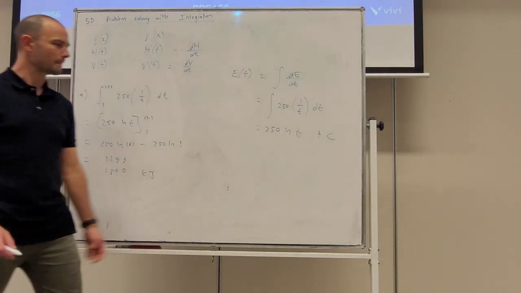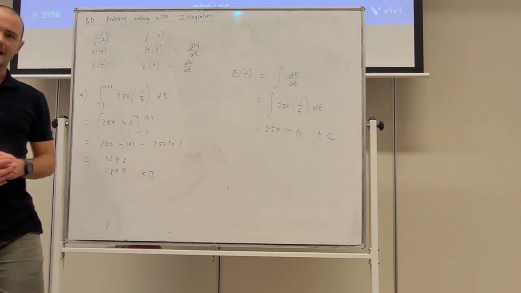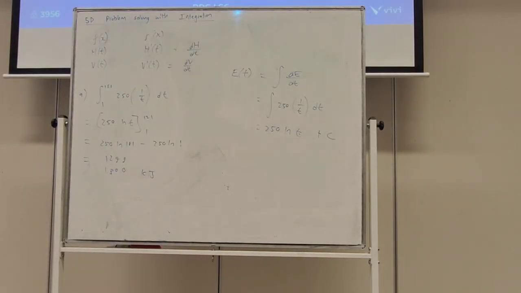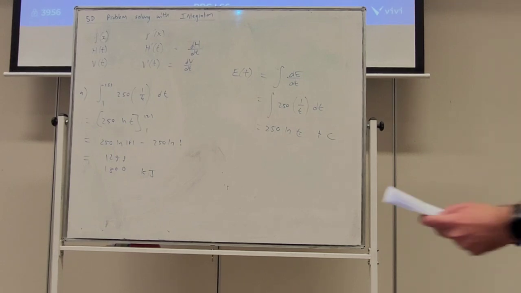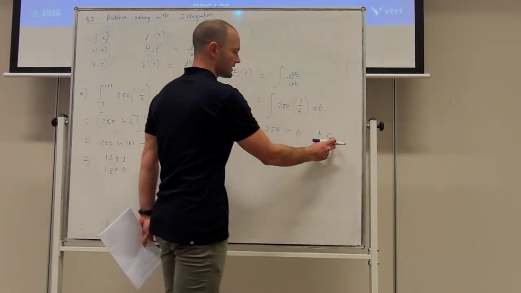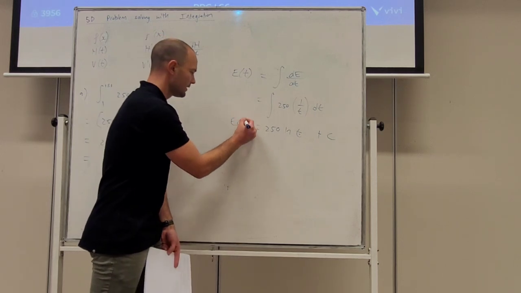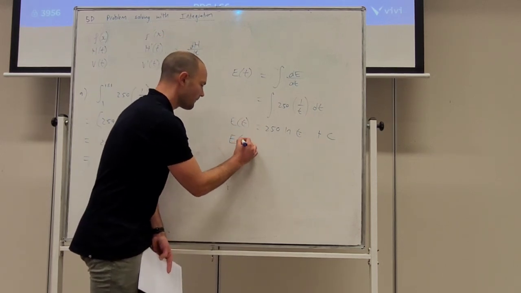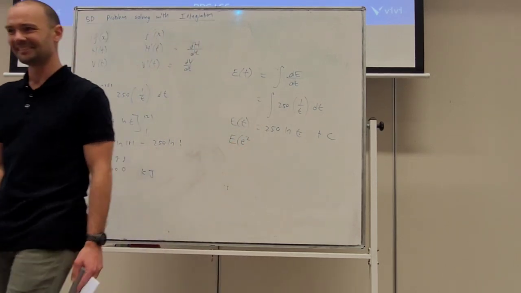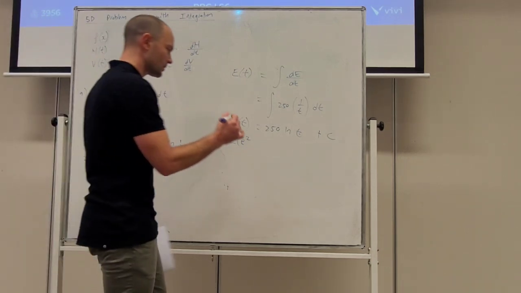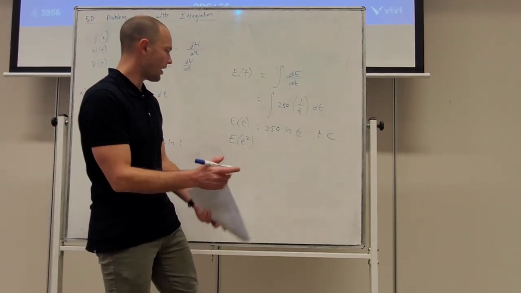All right. Now we're going to use the information provided in part B to find the function exactly. We want to know what this c value is. We're told that E of e squared, when you substitute the number e squared into the E function, you get 550.